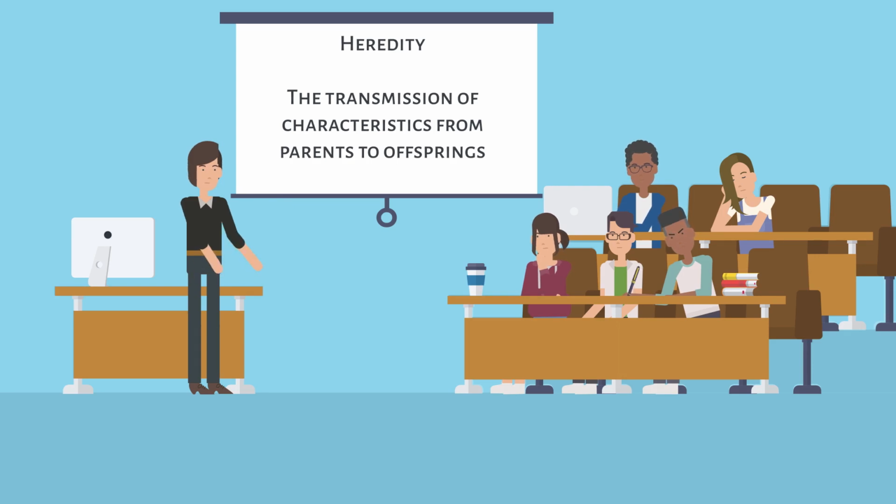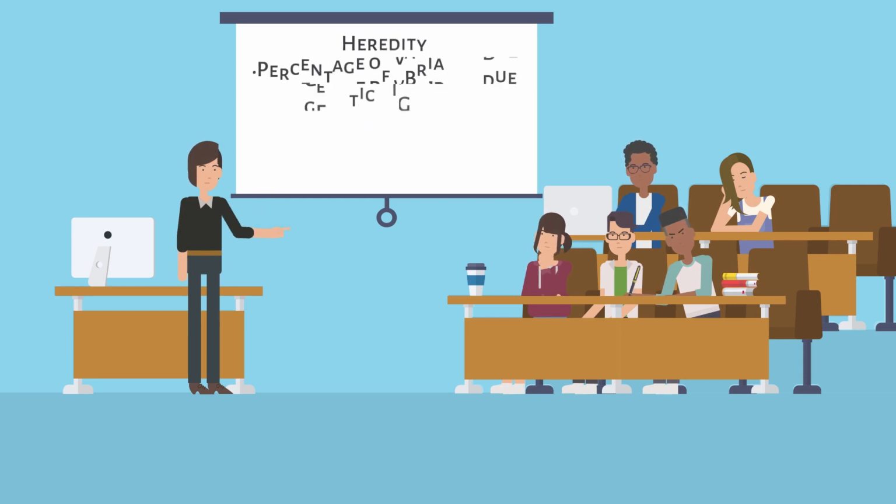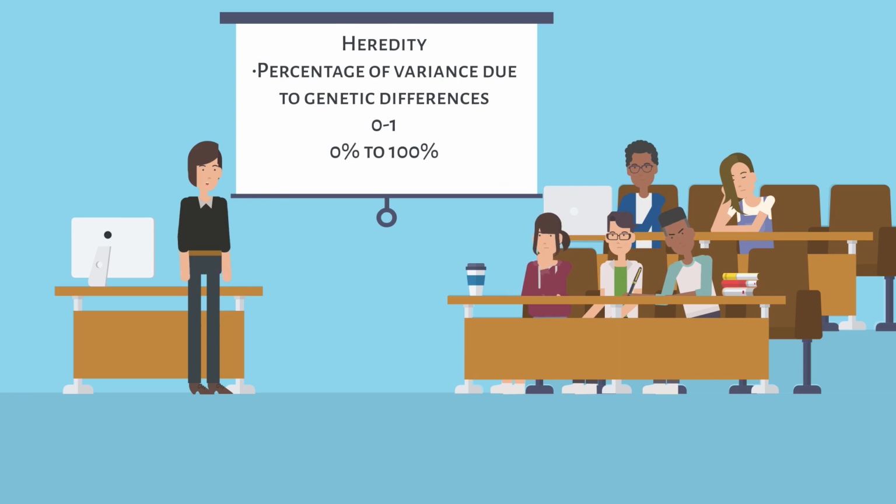Asking how much of your height or intelligence is due to your genes is actually a very confusing question. Rather, when we talk about heredity, we are talking about differences, and in particular, the proportion of variance that's due to genetic differences.